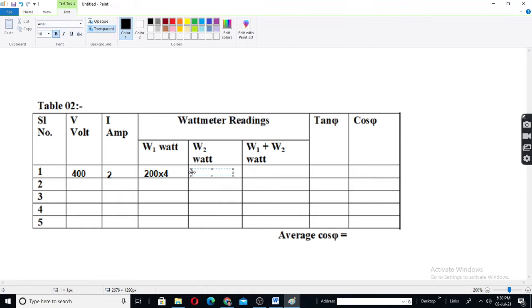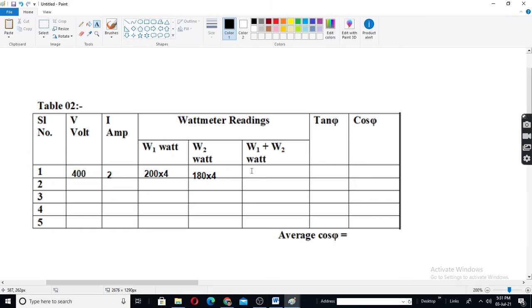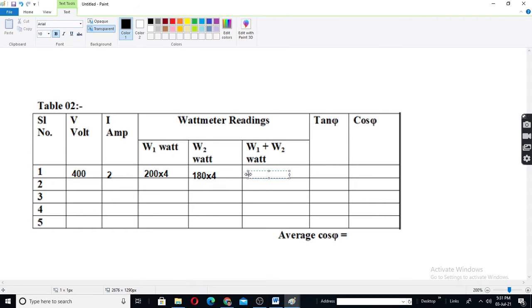Actually, you should get the same, but both the wattmeters may not be so accurate. So you may get here 180 into 4. Total we get 380 into 4 is equal to 1520. Kindly check.